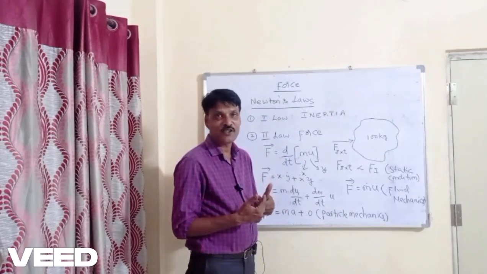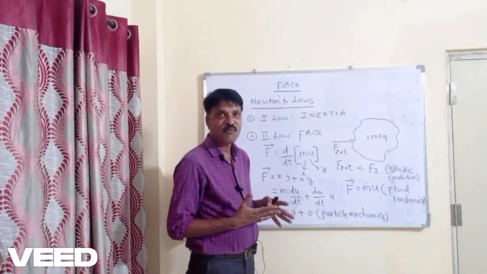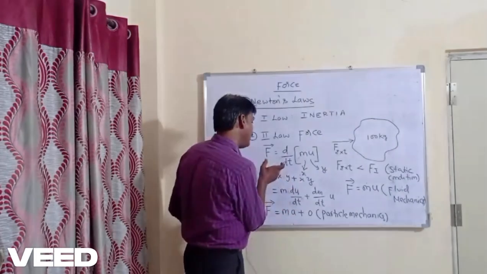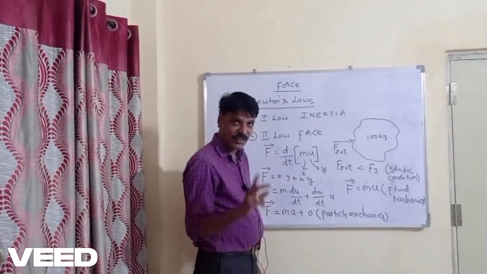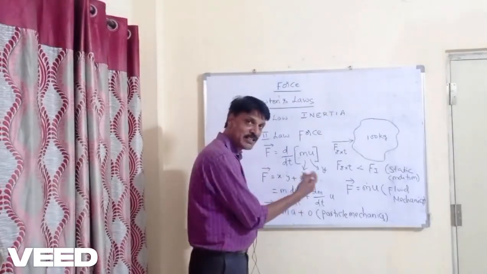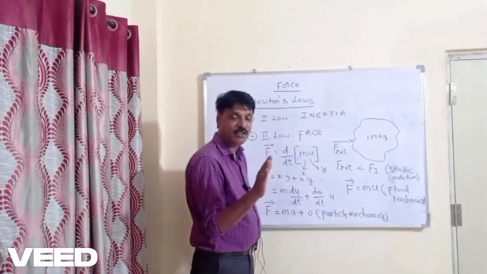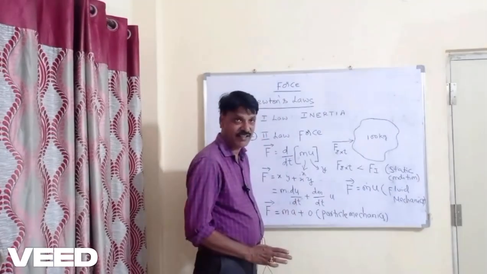If I change the direction of it, the force vector has a negative sign. So it is directional. This force vector is written in terms of calculus as two terms: mass into acceleration plus mass flow rate into velocity. Whenever mass is constant, you write force is equal to mass into acceleration.